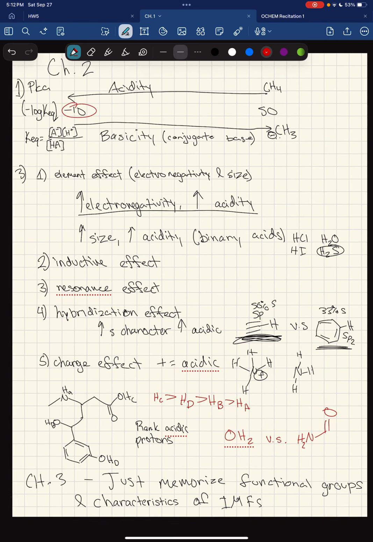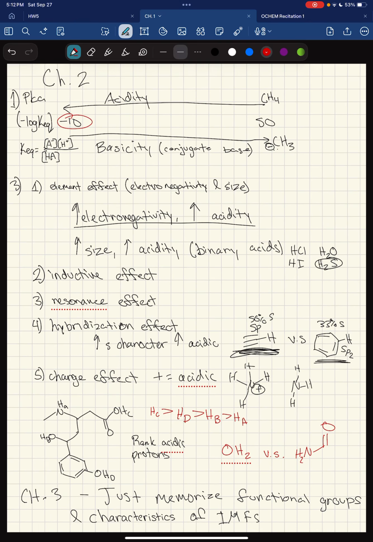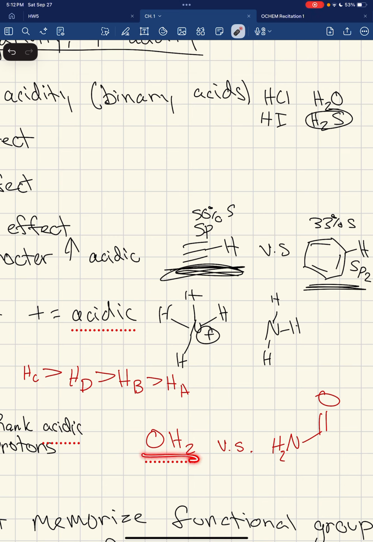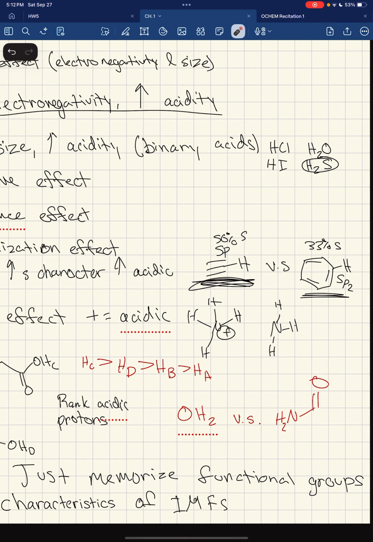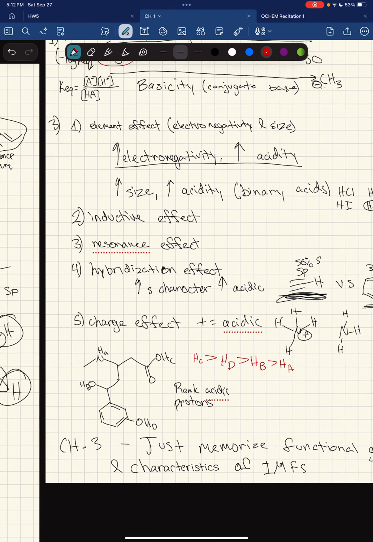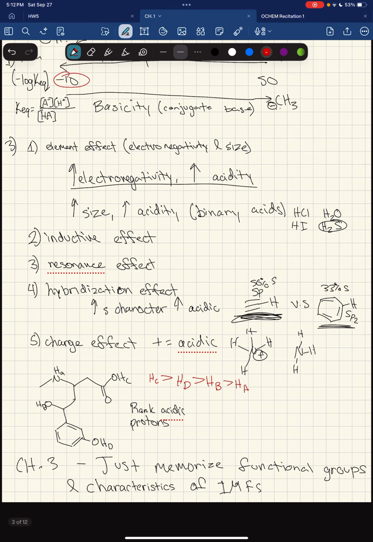I don't think that's going to be on the test, where the fact that the oxygen is more electronegative would make this more acidic, but this one also has resonance, so that would make this one more acidic. I don't think there's going to be competing factors on the test, because that gets really tricky to determine.